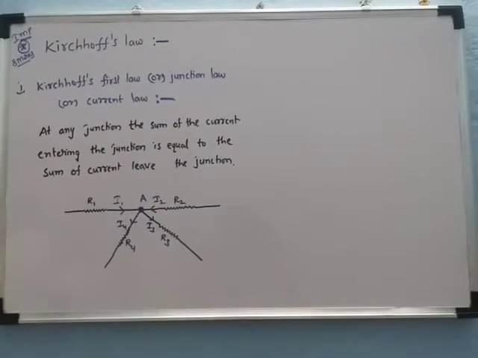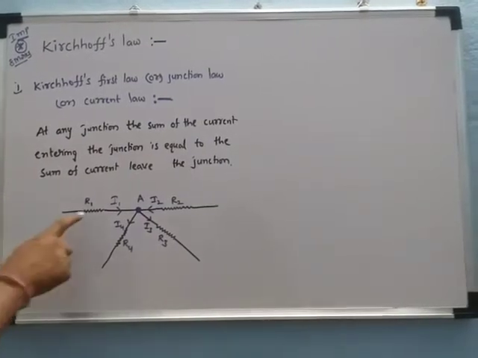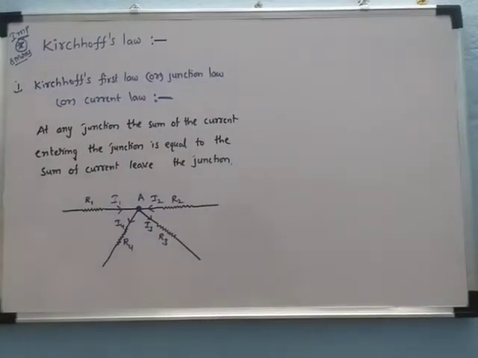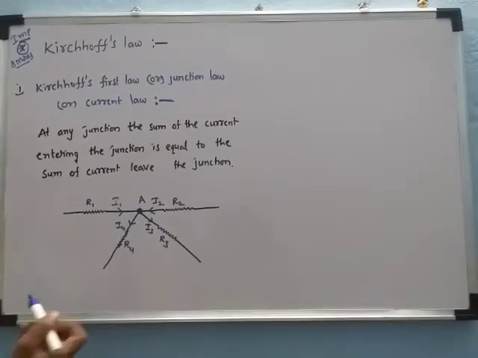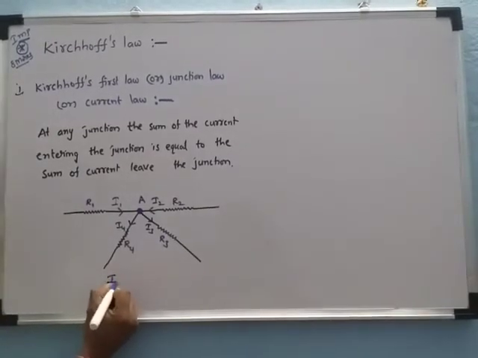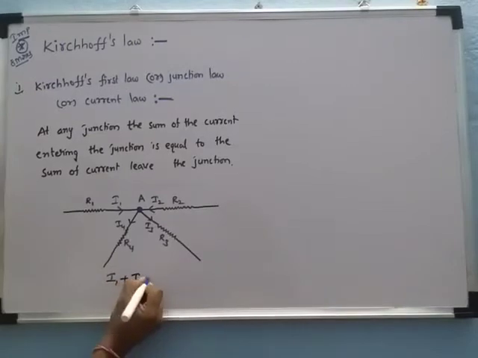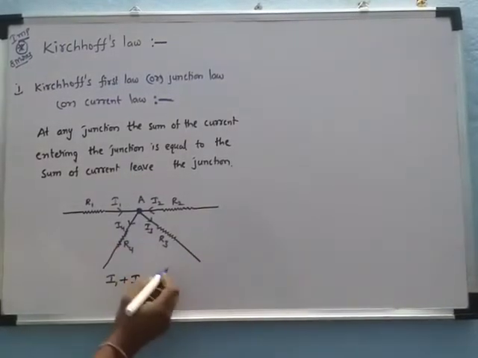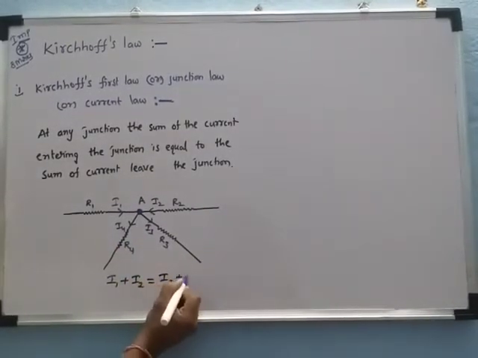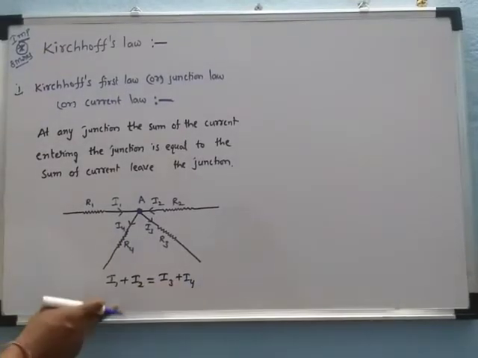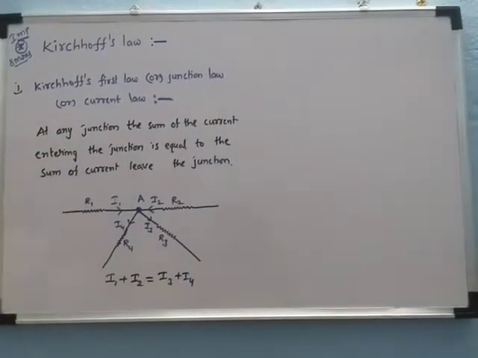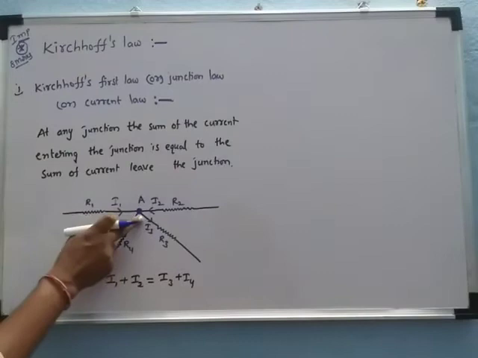Here the total is 4 currents. Now I1 and I2 enter the junction, so we can write I1 plus I2 is equal to I3 plus I4. According to the statement, this is at the junction.